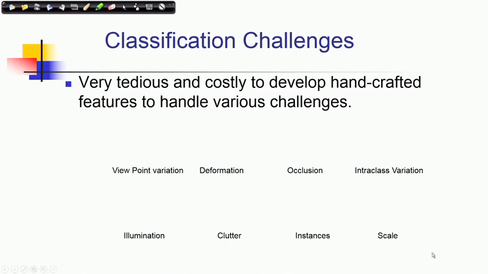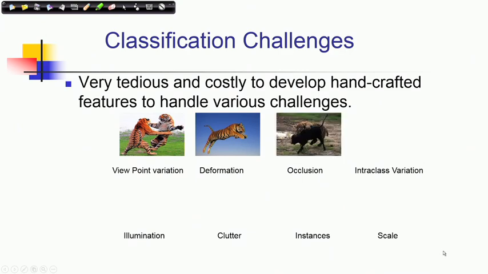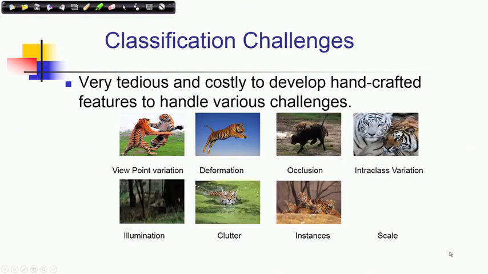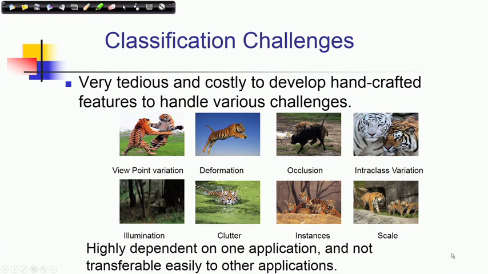Some nice examples are shown here with respect to that tiger. You can see one by one what kind of variations are there, and that is why it is very difficult to develop a very general algorithm. It is dependent on one application and it is not easily transferable to other applications.